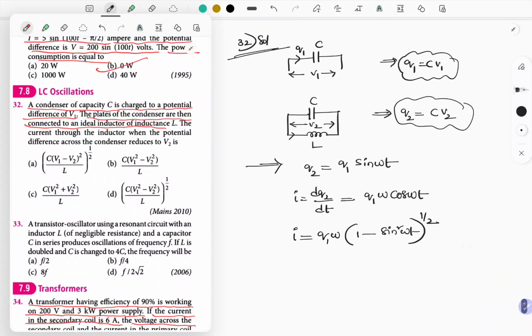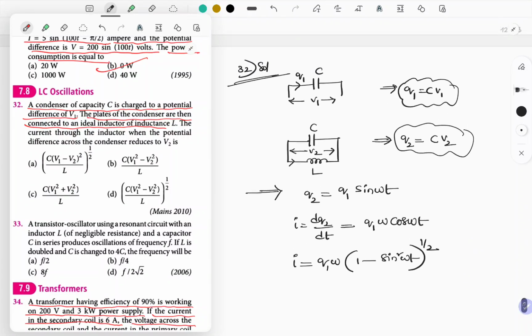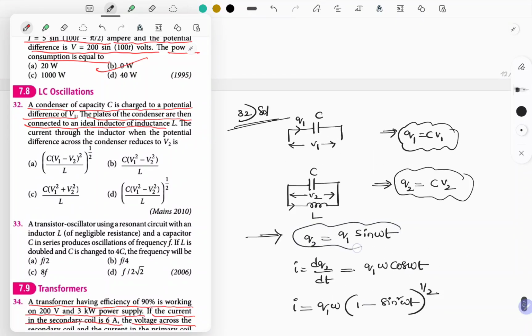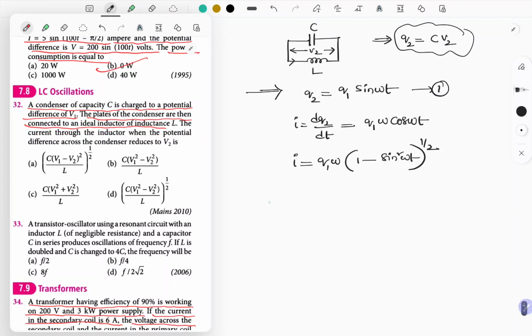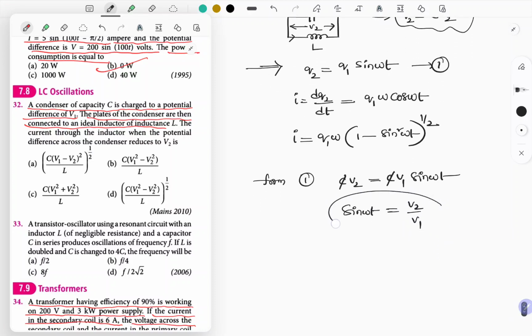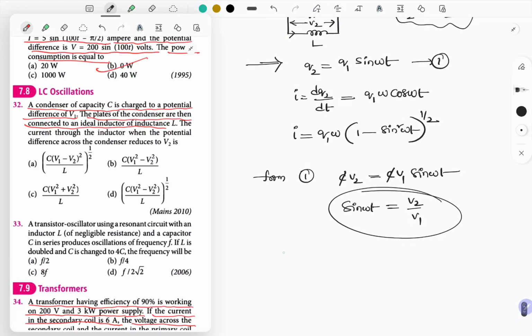Now we have to find sine square omega t. Just observe this equation, let's say this is 1. From 1, Q2 is C times V2, Q1 is C times V1, then sine omega t. So C will get cancelled, and sine omega t is equal to V2 by V1. Sine omega t is known, so let's substitute.